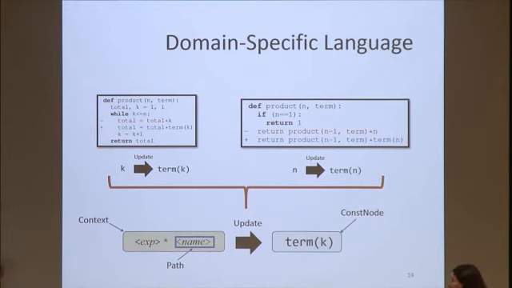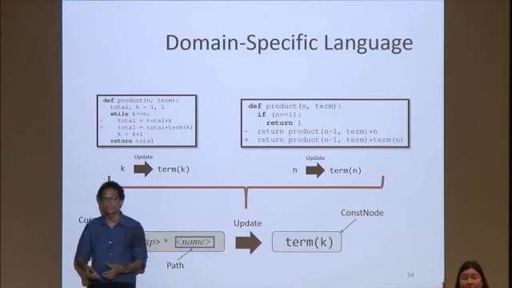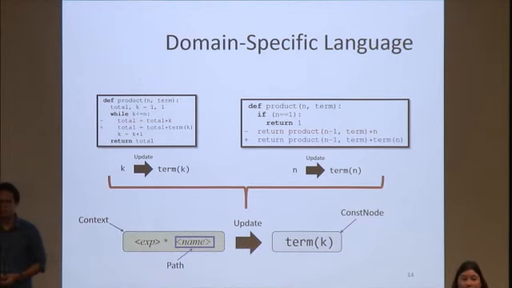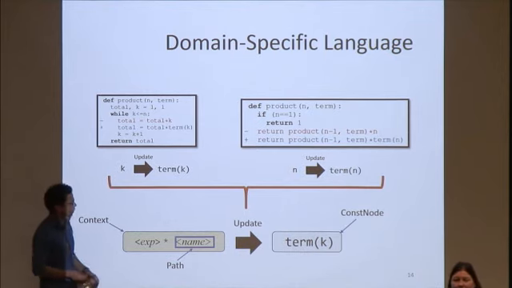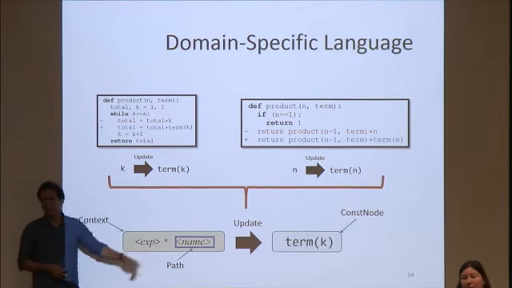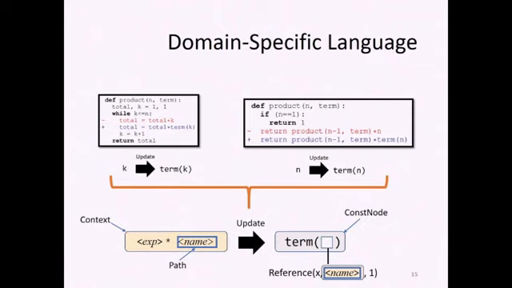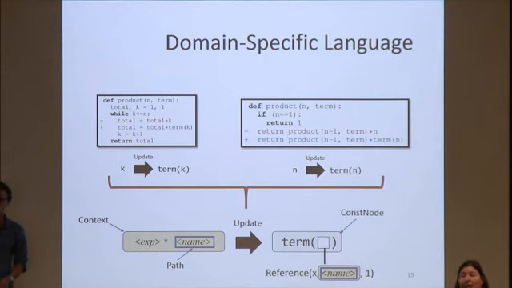So this is good to construct nodes that are not present in the input AST, but we need something else, right? We need to also reuse some of the nodes of the input AST in this new node. And to do so, we also have a reference operator that allows us to make reference to some of the nodes that we have in the AST.